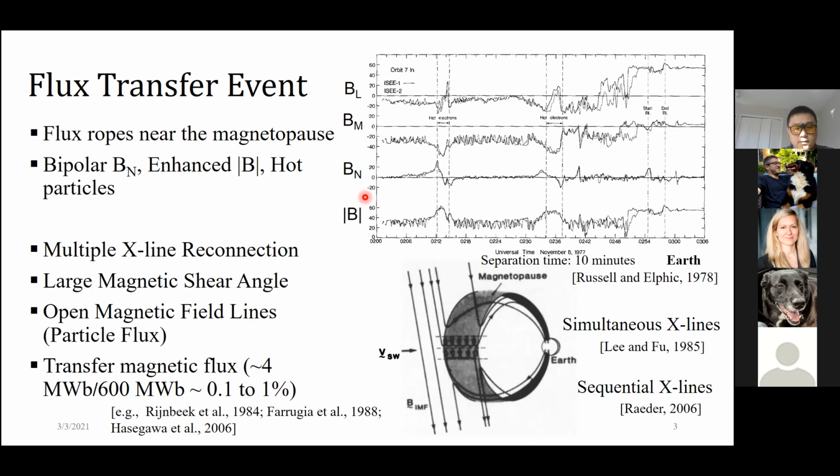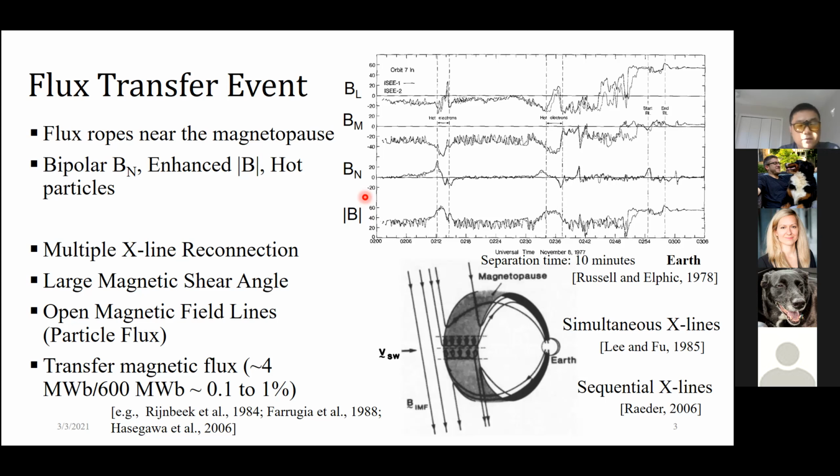For example, multiple X-line reconnection is normally required to generate flux transfer events. There are two multiple X-line reconnection models. One is the simultaneous X-line model that was proposed by Lee and Fu in 1985, and also the sequential X-line reconnection model, which was proposed by Raeder in 2006.